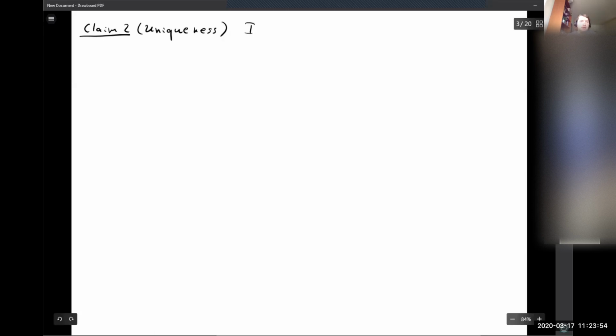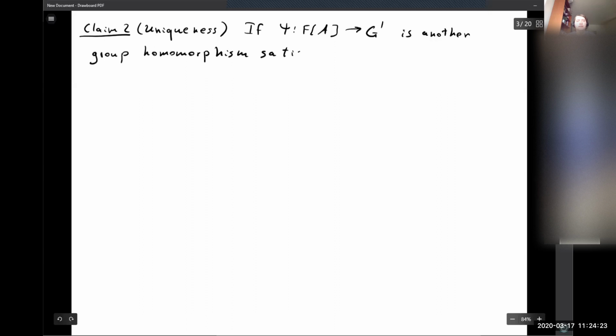Here we would say that if psi from the free group generated by A to G prime is another group homomorphism satisfying the following condition, that psi restricted to A is the same as our original map f, then necessarily psi must be equal to phi.